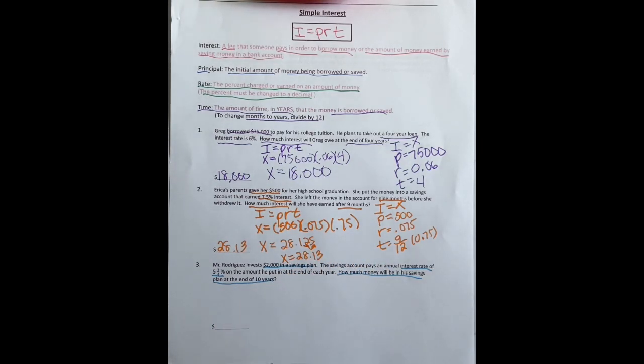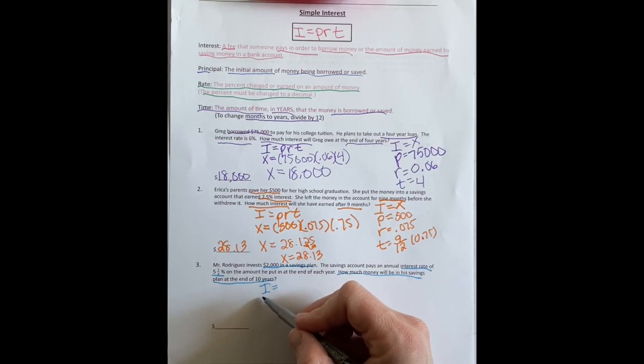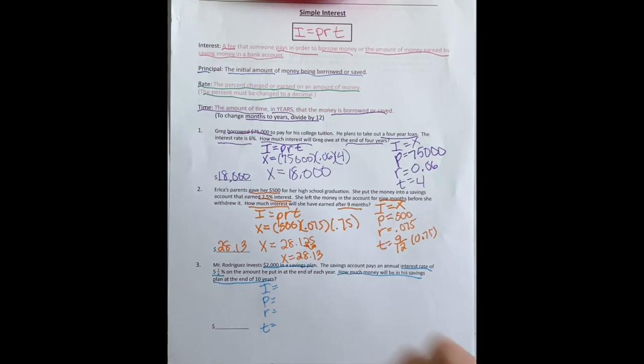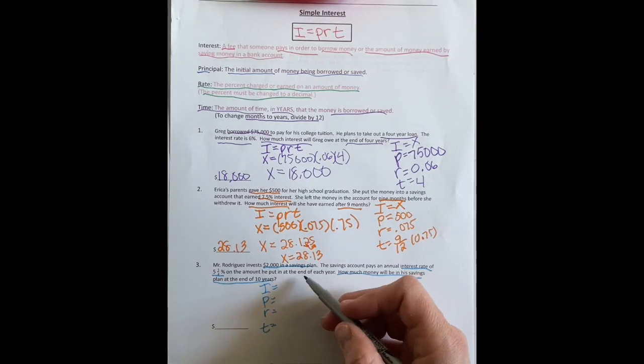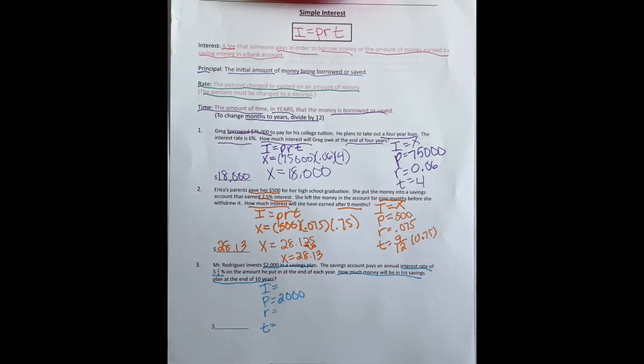So we want to start with determining our known and unknown. I, P, R, T. $2,000 is the amount he's putting in his savings plan. So that would be our principal. The interest rate is 5 3/4%.